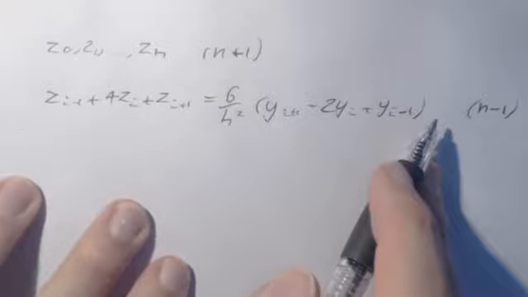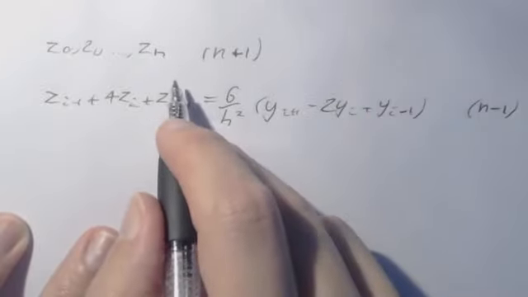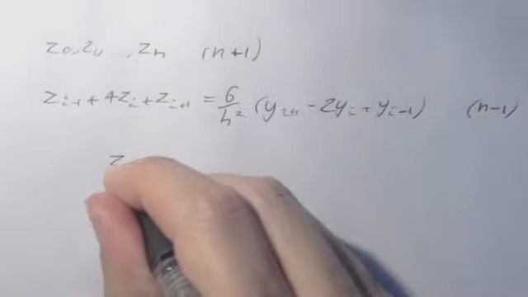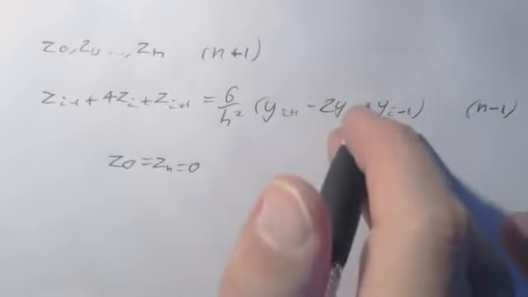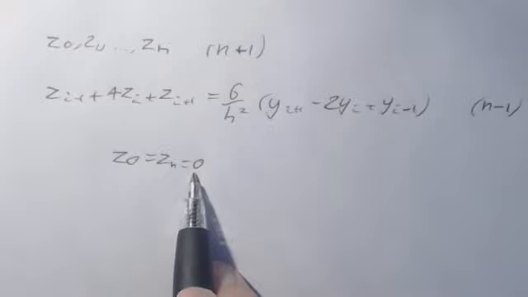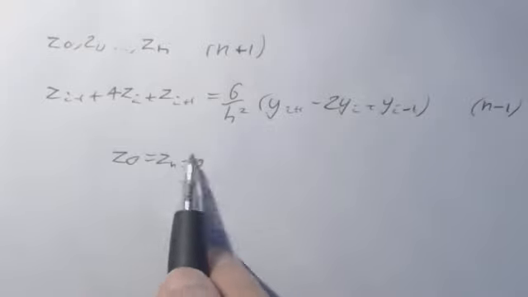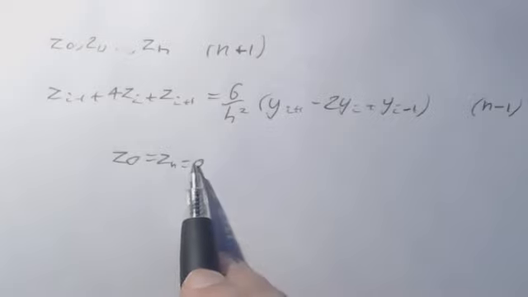So if we let Z0 and Zn be equal to 0, then if there's going to be a solution here, it's probably going to be a unique one. We would hope, under the right conditions at least. So I'm suspecting that Z0 and Zn being equal to 0 is going to relate to the second derivative of the Si's, S0 and Sn being 0 at the end. That's my guess.